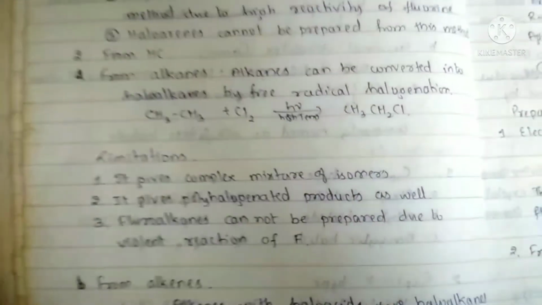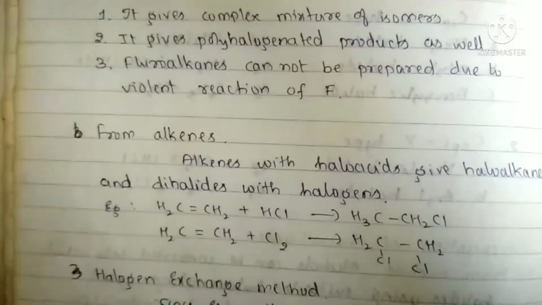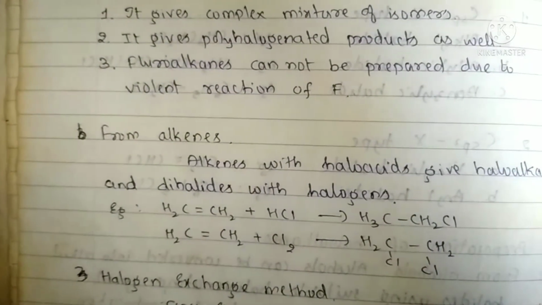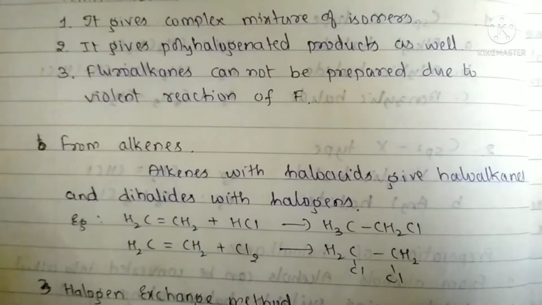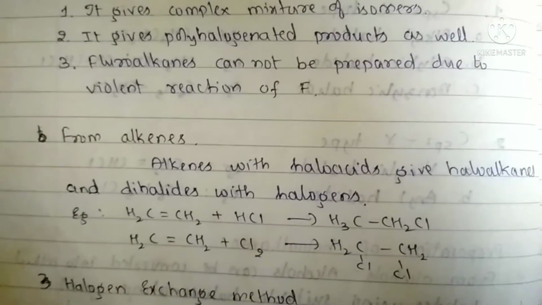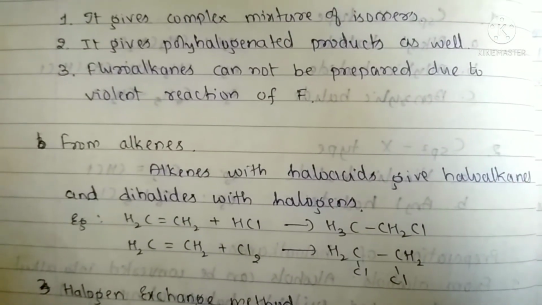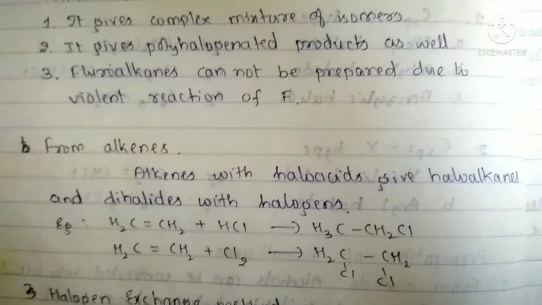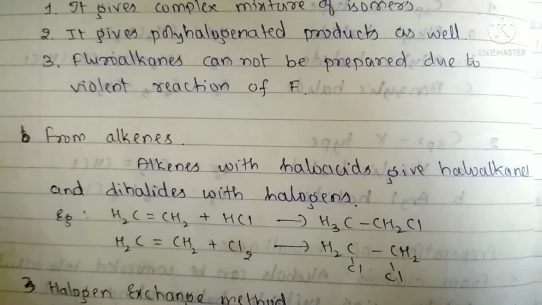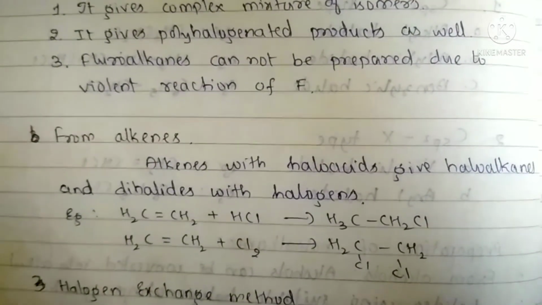Now let us understand how we can synthesize by using alkenes, an unsaturated compound. Alkenes with halo acids or halogens convert into haloalkanes. For example, you can take ethene reacting with hydrogen chloride, giving rise to chloroethane.